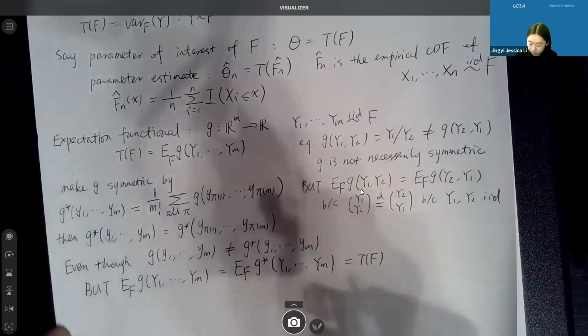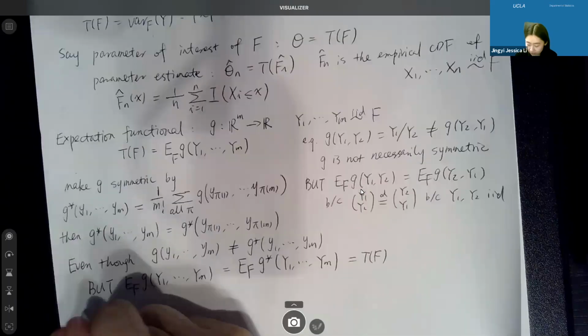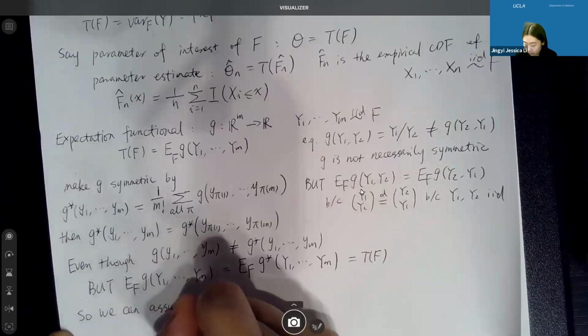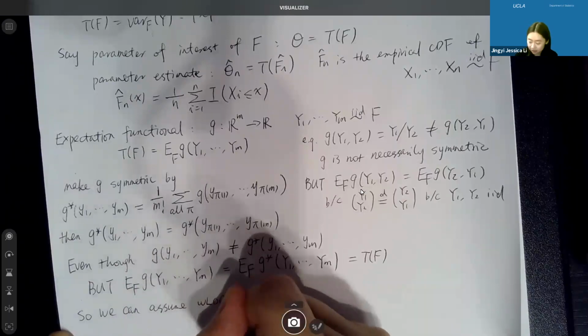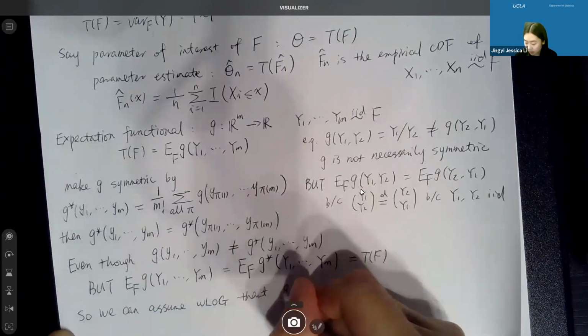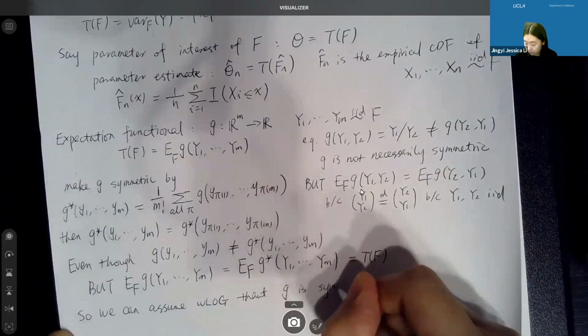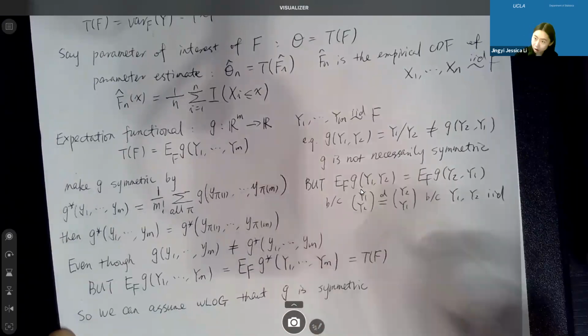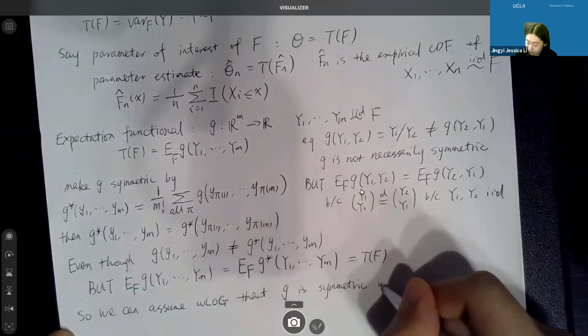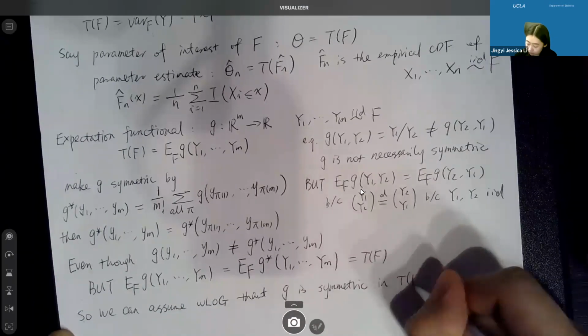Okay, so we can assume without loss of generality that G is symmetric about its M arguments in the definition of TF.